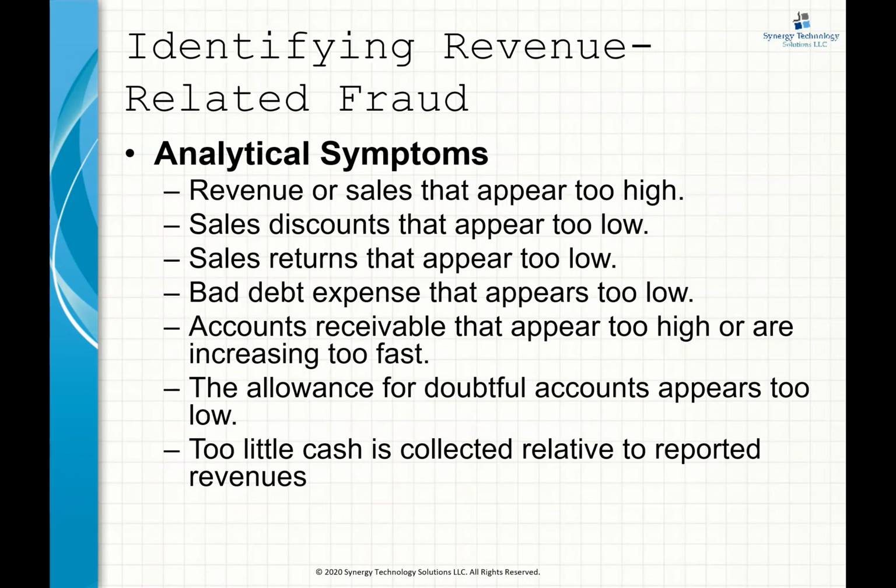One is analytical symptoms. As an auditor, especially those who have worked in the financial audit area, you do analytics at the end of the year. You take last year's balance, you take this year's balance and see if there are any unusual variations. Usually in the audit materiality test, you have that variation percentage.